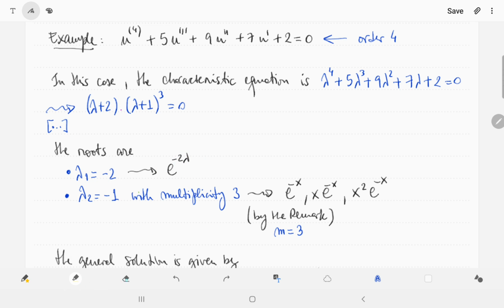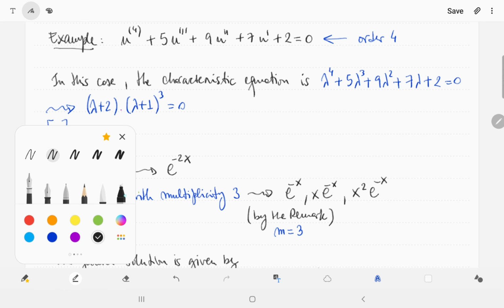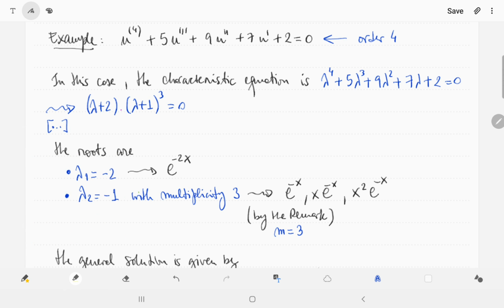So this lambda equal to minus 2 will give us this solution, exponential of minus 2x, and this lambda equal to minus 1 with multiplicity 3 will give these 3 solutions.